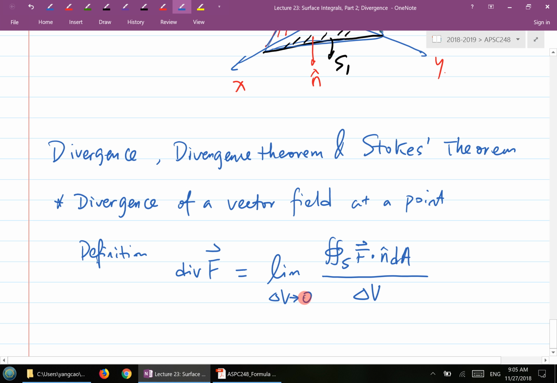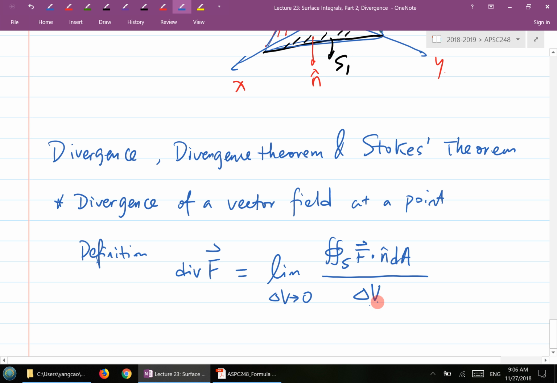I'll explain this a little bit and see what exactly it means. If you look at the definition, look at the numerator here. This essentially is the flux calculation, but in this case, it's the calculation of flux over an enclosed surface S. So that's what this symbol means. Whenever you have an enclosed surface S, that surface will definitely give you a small region enclosed by it, and that's delta V here.